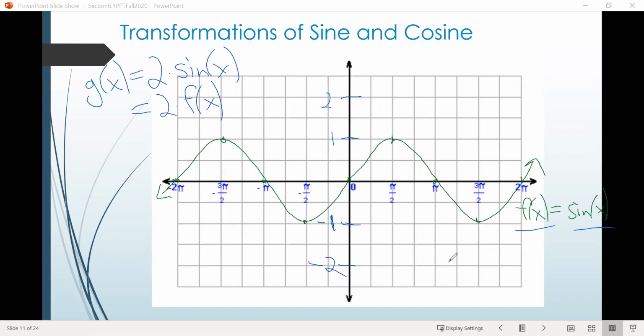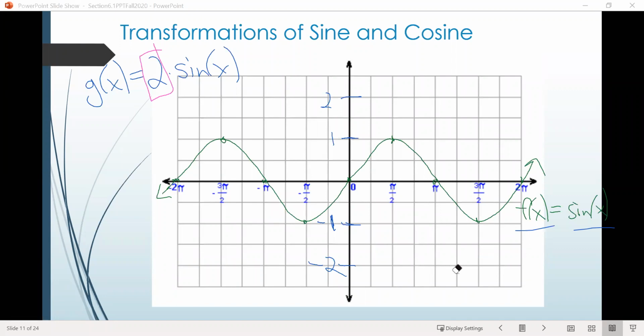And so we have to think about, back to PreCalc 1 or whichever course you took before this, what does putting this 2 here on the outside of the function do to the function? And the answer, if you recall, is that it causes a vertical stretch, which means all of the output values at these different points get doubled.